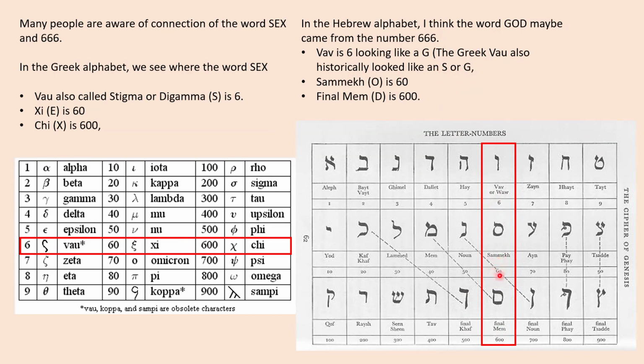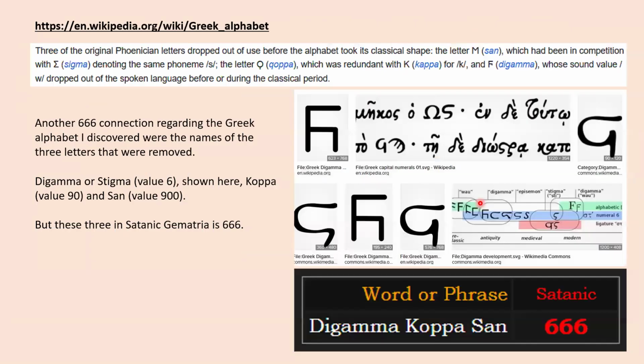Samek, with a value of 60, definitely looks like an O. And the final mem, so Elohim, you'd have this character at the end. It's the final M, value 600, and certainly looks like a D in the English Latin alphabet. So 6GOD. Maybe I'm stretching, just a thought, guys.